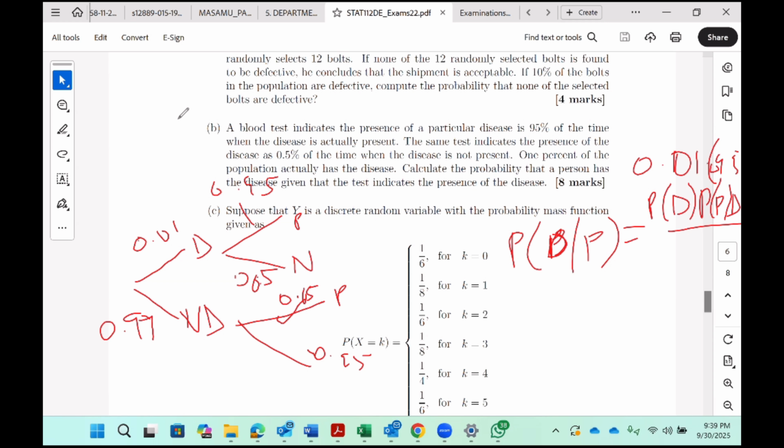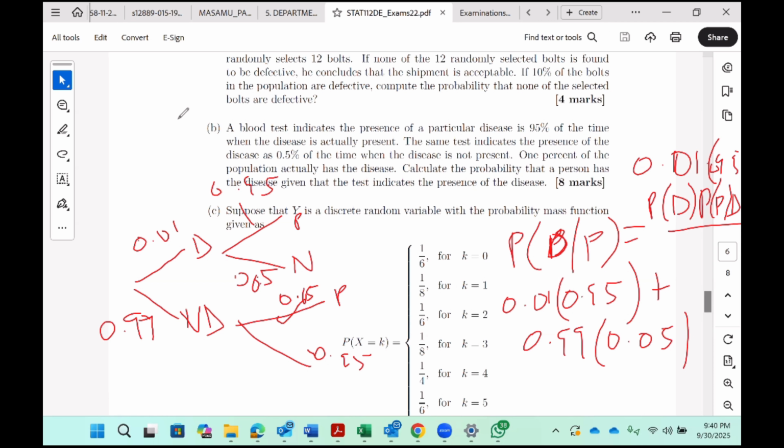Then your denominator will be the numerator, 0.01 times 0.95, plus the person tested positive and doesn't have it, that's 0.99 times 0.05.